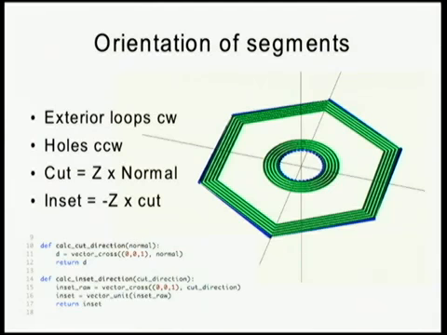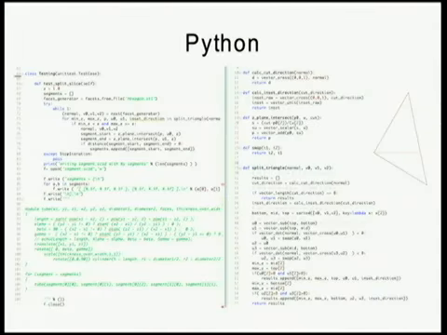And if you cross product again your cutting direction with Z, you get the inset direction, which tells you, when you're trying to build your inset, in which direction the inside is. So let's put all this together.